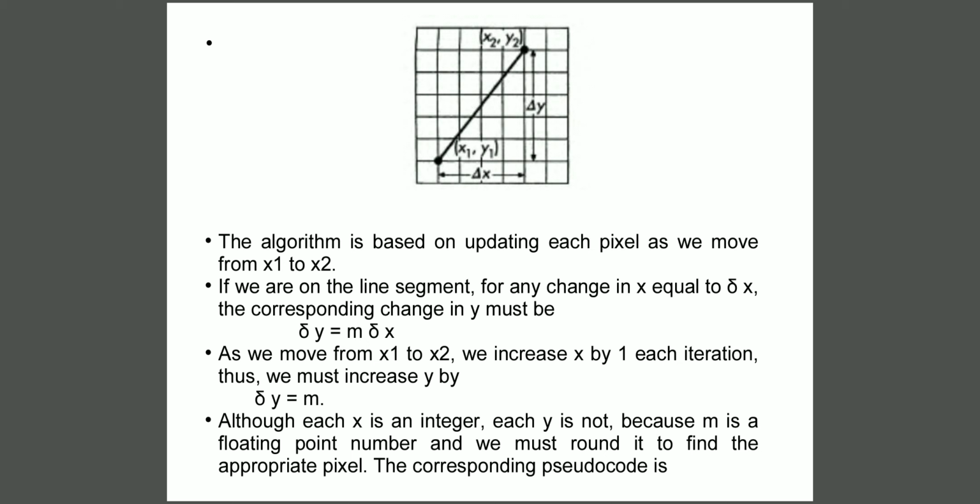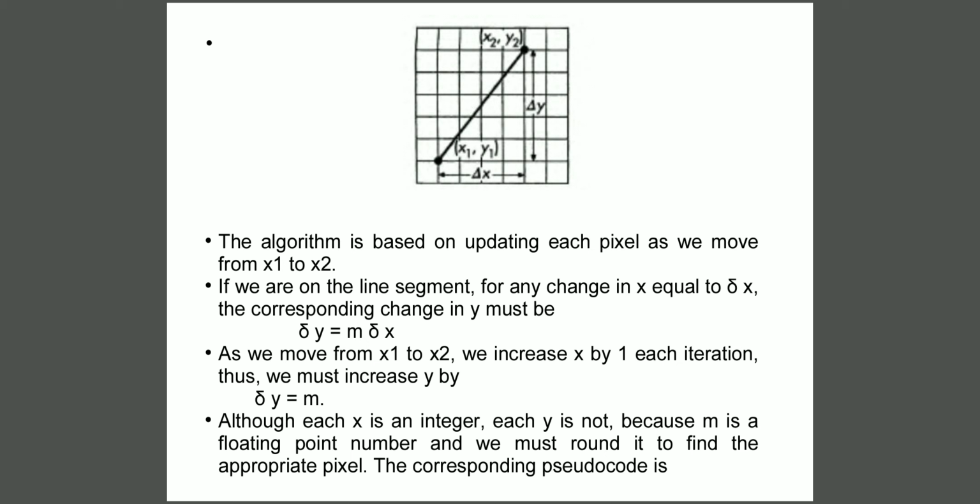For that we need to start from the first vertex x1 y1 of a line segment, and from the first vertex we need to move to the second vertex, that is x2 y2, and in between we need to update all the pixels in the frame buffer or on the display. Initially the complete frame buffer, that is all the pixels of the frame buffer, will get initialized with the background color.